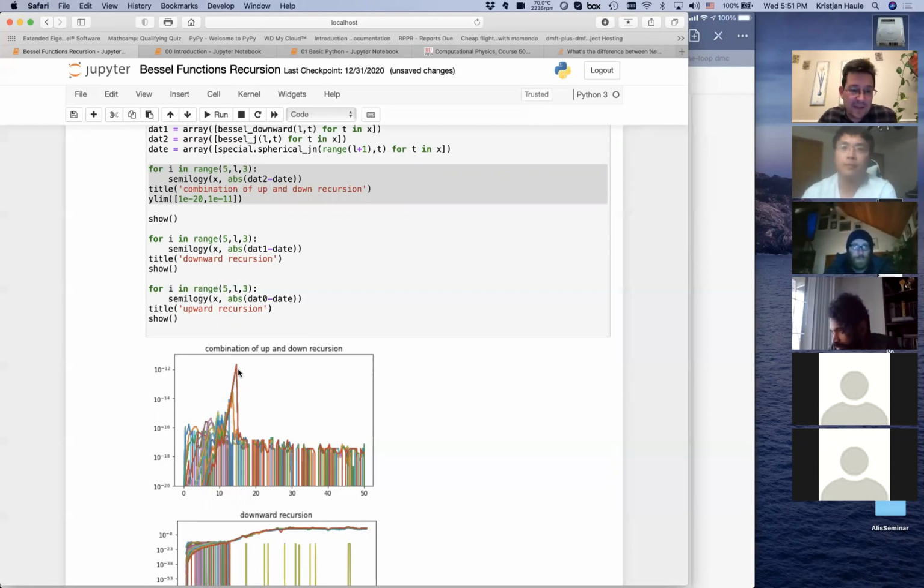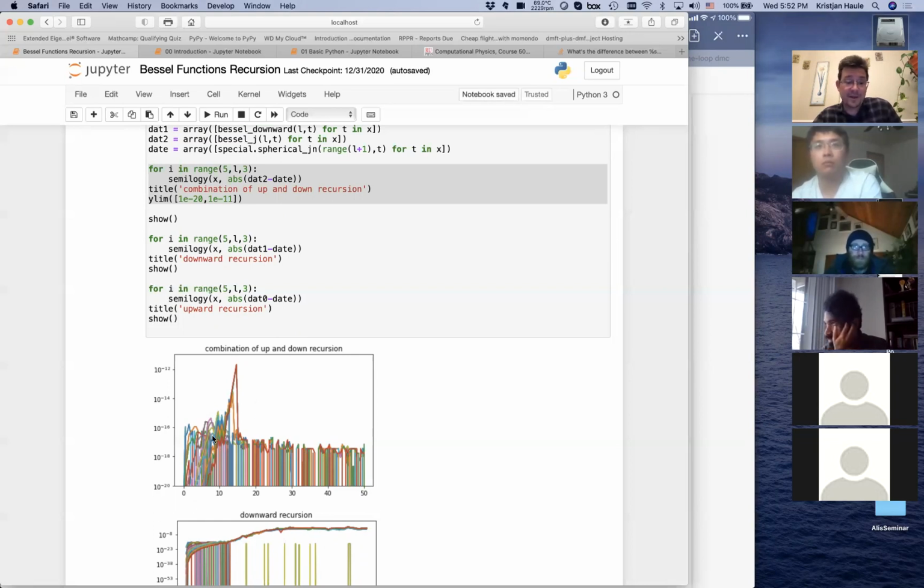If you want to get even better, you might need to debug a little bit when this happens. Most likely, I think we need to start slightly higher with the downward recursion. We would need to start from slightly higher L if you want even higher precision. But let's say that this is good enough. 10 to the minus 12 is pretty good for what we need.